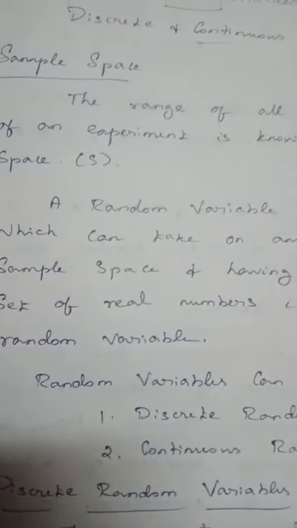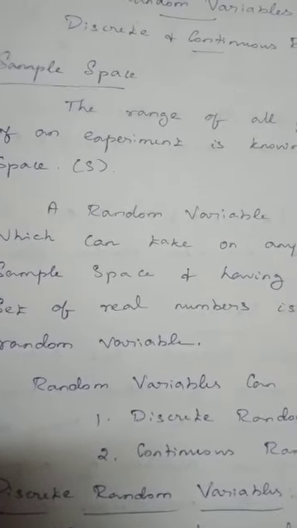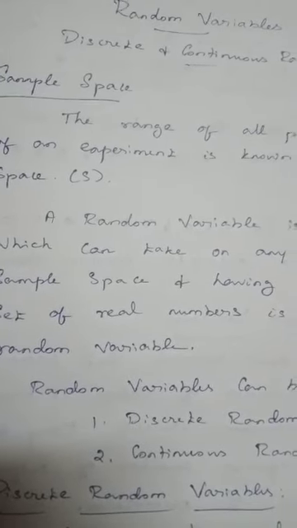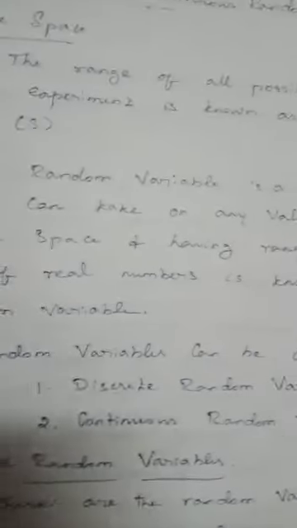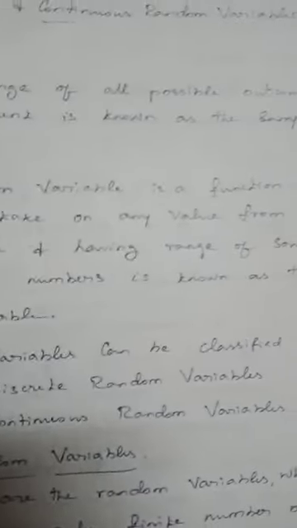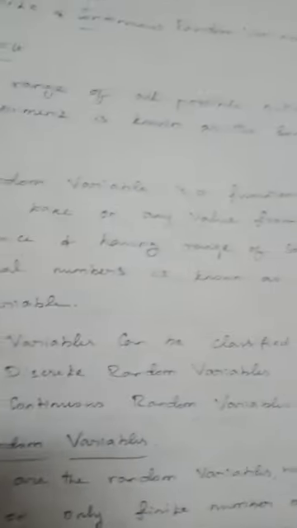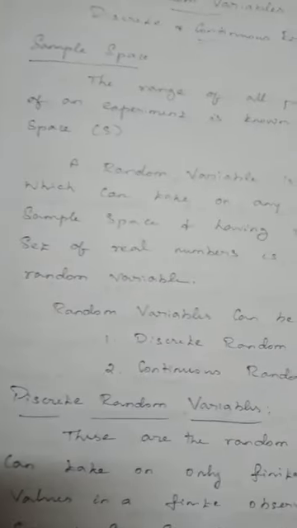Here there are two types of random variables, classified as discrete random variable and continuous random variable. Let's see them one by one.